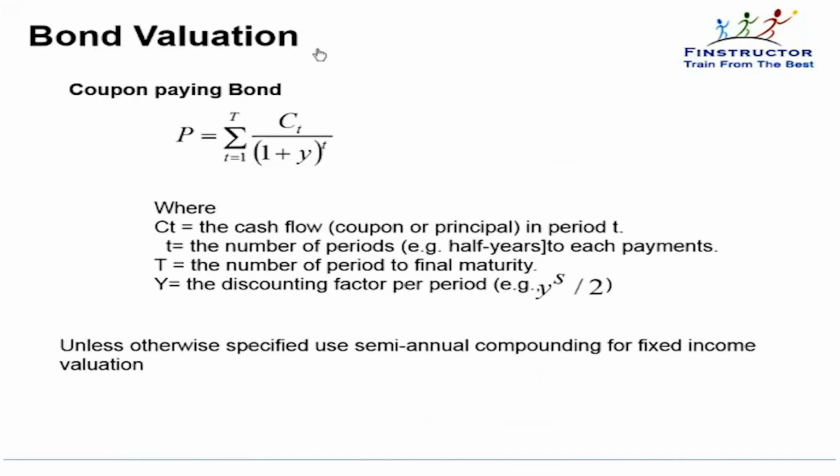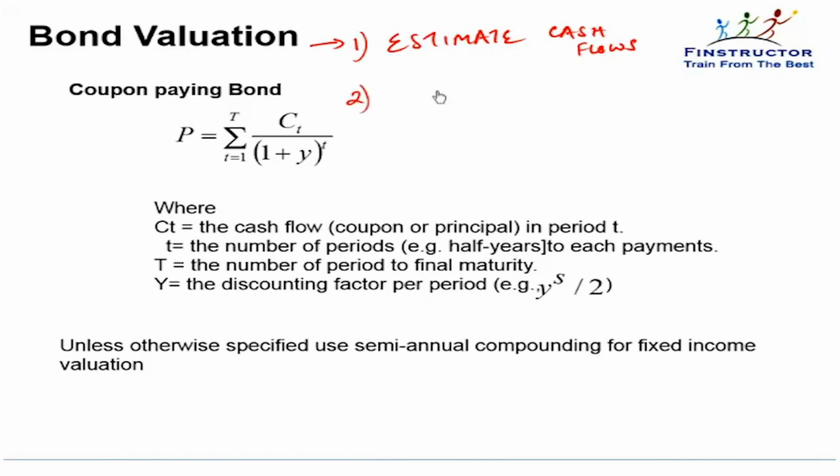The process of bond valuation is simple. It is a three-step process. Step 1 is to estimate the cash flows from the instrument. In fact, this is the process of valuing any asset, not just a fixed income security. So the first step is to estimate the cash flows.